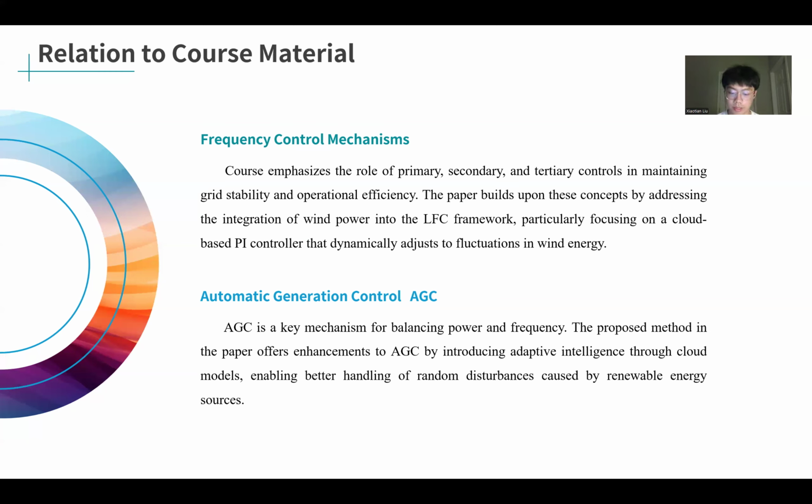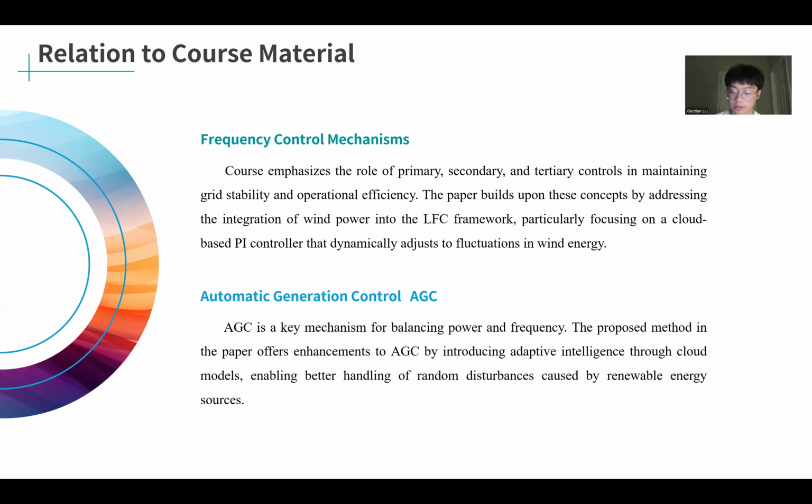It relies on PI controllers or modern algorithms to eliminate steady-state errors. When we talk about secondary control, it includes the AGC, which is automatic generator control. AGC is a key mechanism for balancing power and frequency.